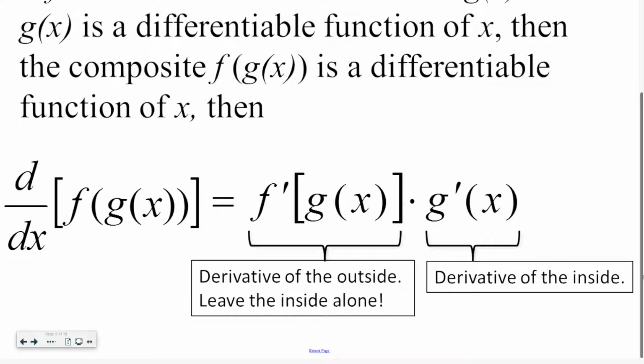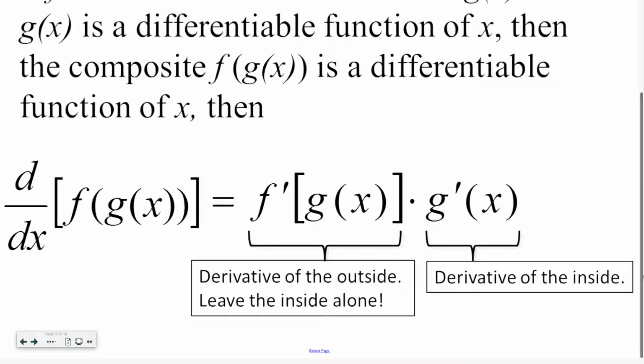So notice how I even have the explanation up there for you, okay? But anytime we have a function inside of a function, we are going to take the derivative of the outside function, whatever that may be, while leaving the inside alone. Then whatever's on the inside, we take that and multiply by its derivative.